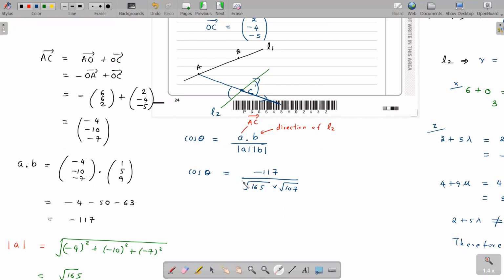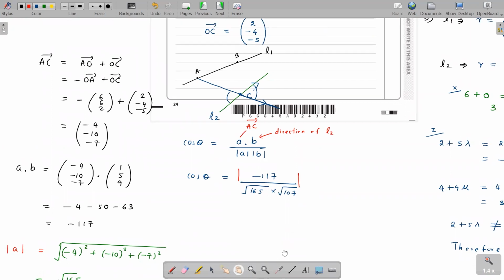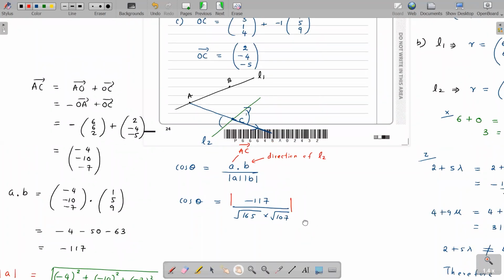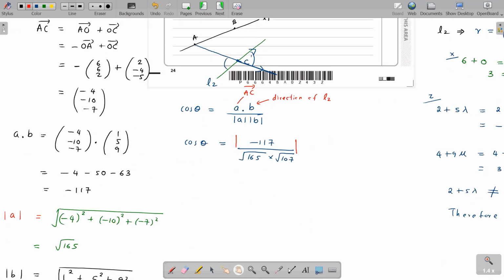Or else you can directly use cos inverse of the positive of this. If you use cos inverse of the modulus of this value, you will end up getting the acute answer. Once again, if you use cos inverse of this negative figure, you will end up getting an obtuse answer, and if you subtract that from 180, you can get the acute answer. If you want to directly get the acute answer, just take the positive figure and take cos inverse.